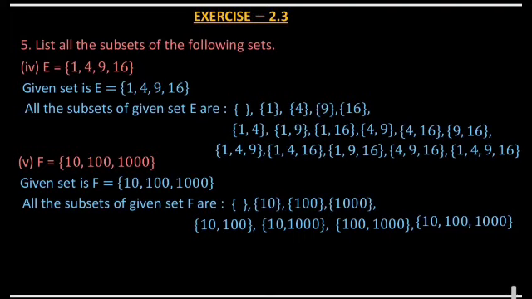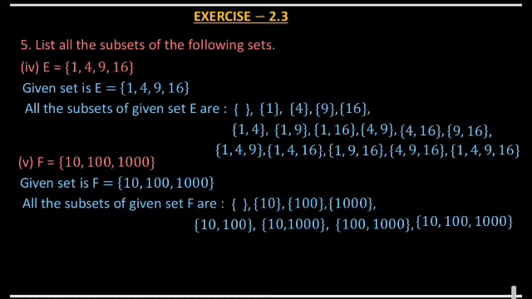Then we take 2 elements in order: set of 1 comma 4, 1 comma 9, 1 comma 16, 4 comma 9, 4 comma 16, 9 comma 16. Then we take every 3 elements in order: set of 1 4 9, 1 4 16, 1 9 16, 4 9 16, and the last one is set of 1 4 9 16.